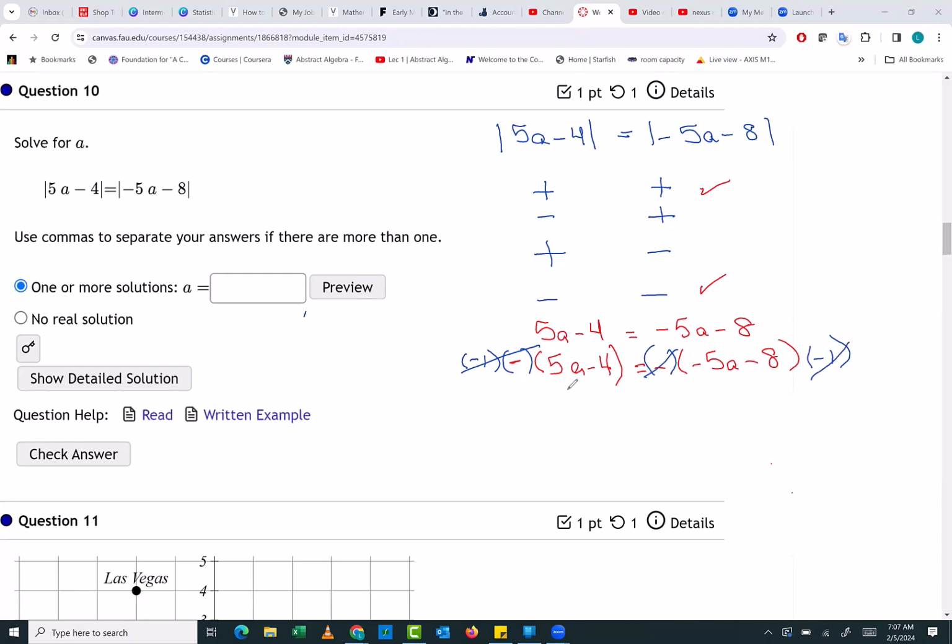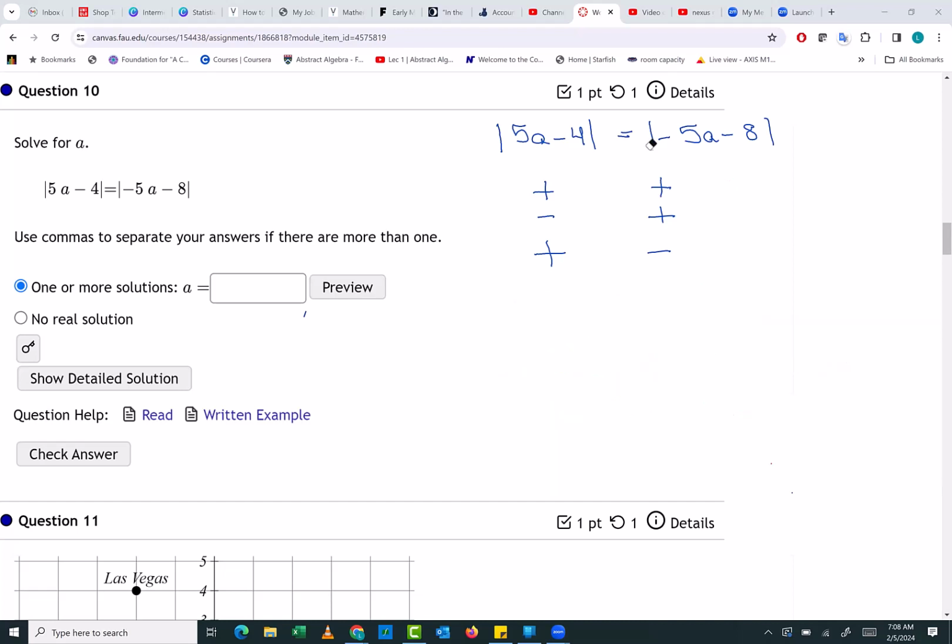And I end up exactly the same place as I started. 5a minus 4 equals negative 5a minus 8. Since that's true, I don't need to do this one because they're exactly the same. So I eliminated one of the equations there. We're going to keep this one.